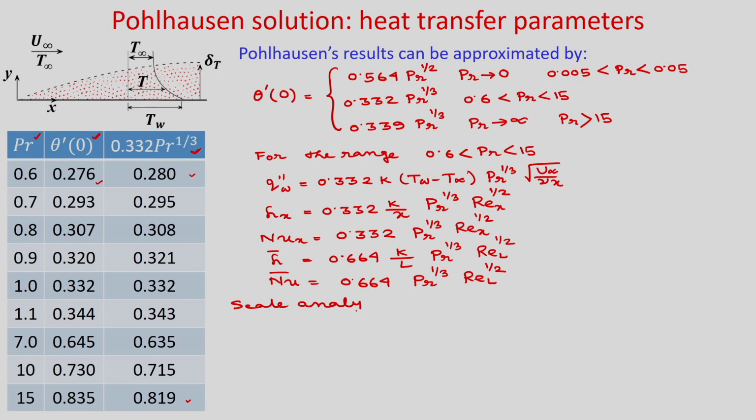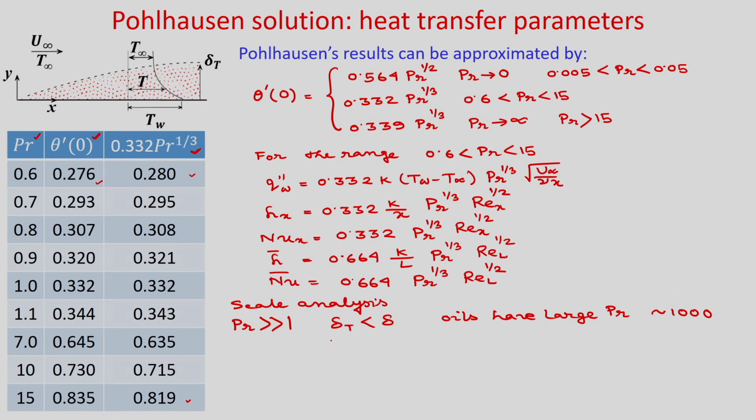You can see that we have already seen the scale of this Nusselt number and heat transfer coefficient using scale analysis. If you recall, using scale analysis we have written for high Prandtl number fluids, that means the thermal boundary layer thickness will be less than the hydrodynamic boundary layer thickness, and generally oils have large Prandtl number, of the order of 1000.